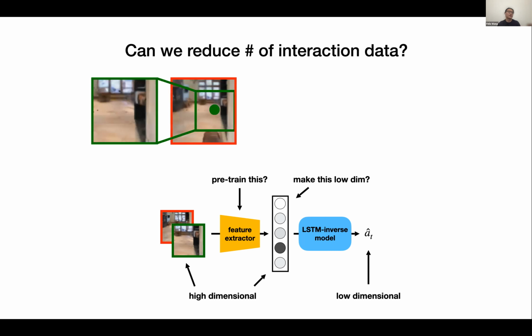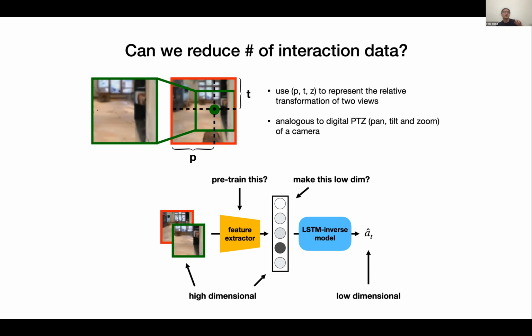To get there, let's first examine what the inputs are. The image pairs typically are of this sort of type, where the goal view is some sort of a crop of the current view. If we assume that, then we can use a panning angle, a tilting angle, or a zooming factor to represent the relative transformation of the two views.